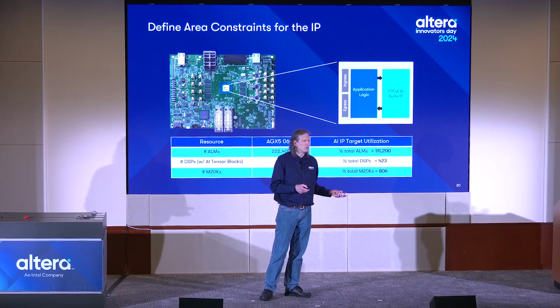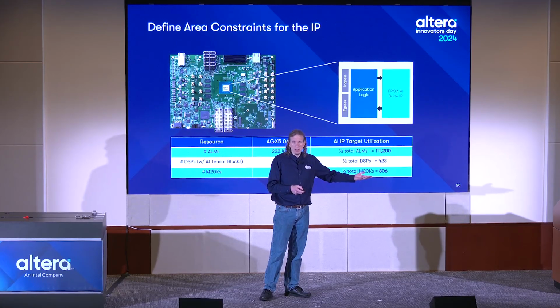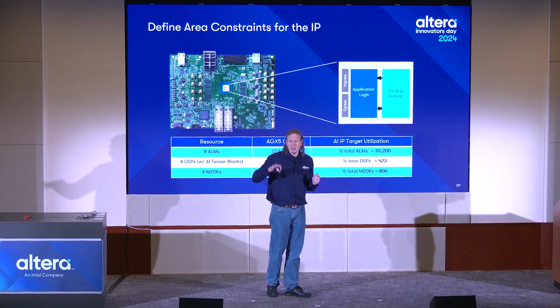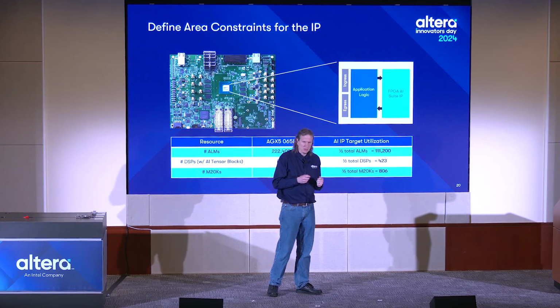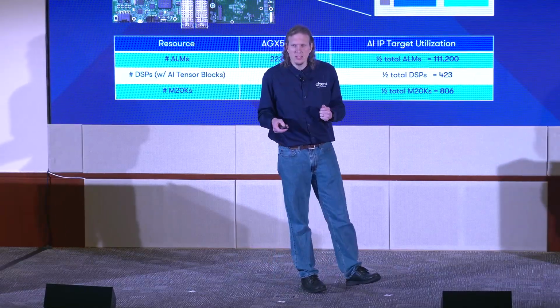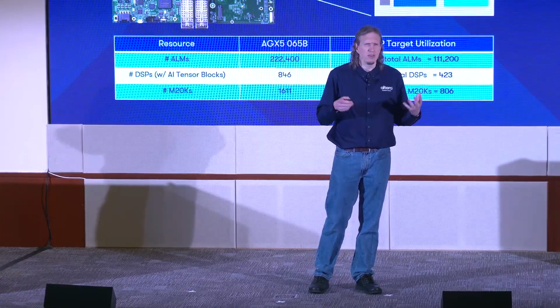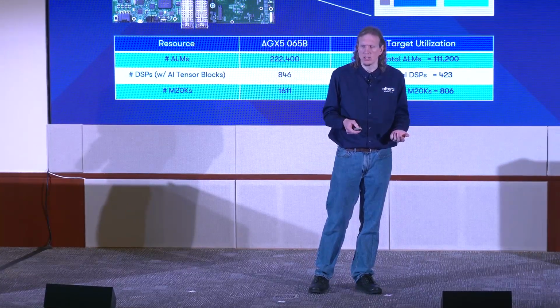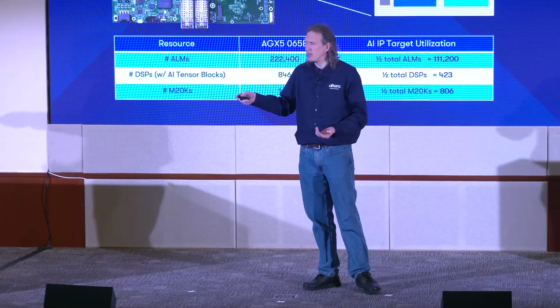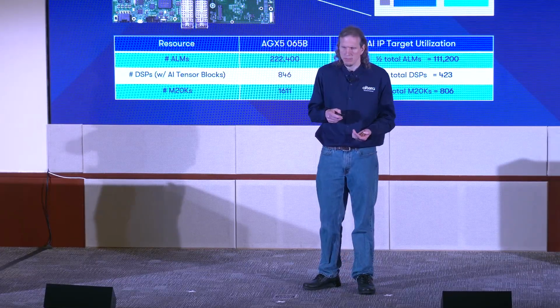This application logic might be part of a classic image processing pipeline, or it might be something completely unrelated. For the sake of today's demonstration, let's assume that half of the FPGA is used by some type of application logic, leaving only the other half available for machine learning.